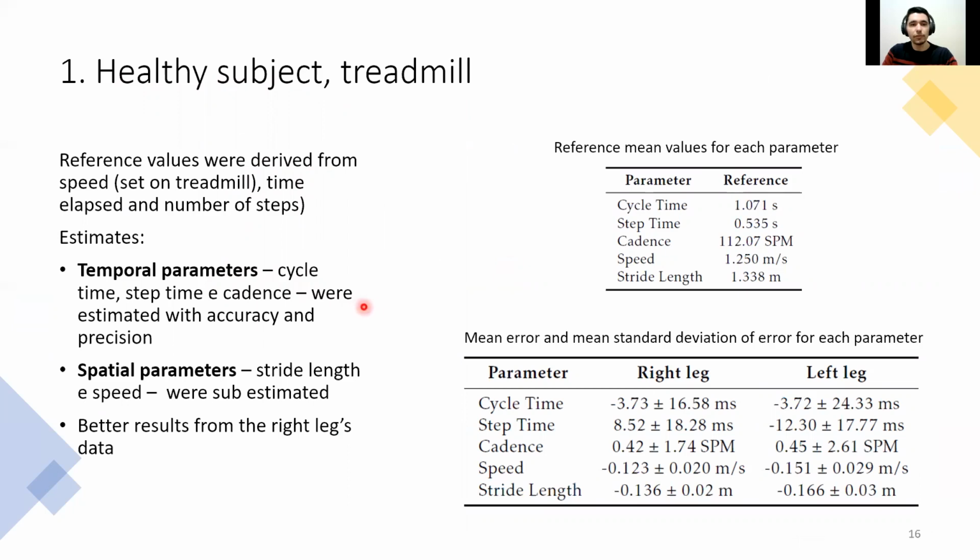These parameters were estimated with accuracy and precision, and we can see that in the mean error and mean standard deviation of error for each parameter. We can see the values are indeed low for the temporal parameters. And for spatial parameters, meaning stride length and speed, they were both underestimated, and the results were slightly better for the right leg.